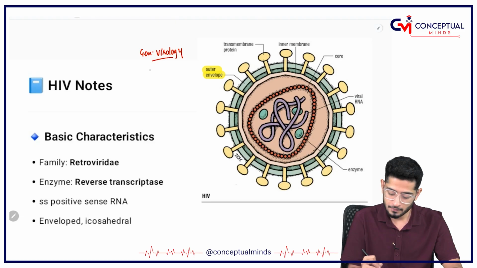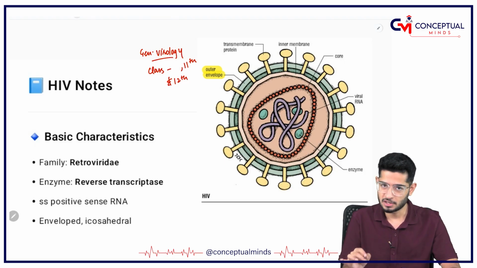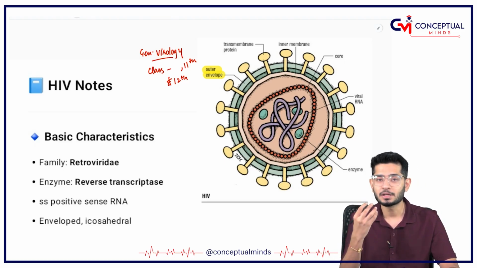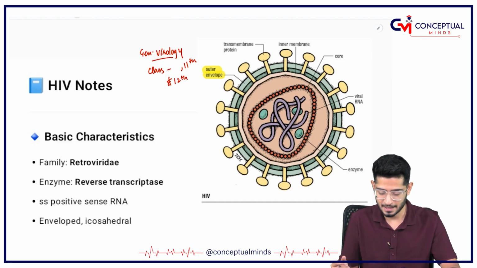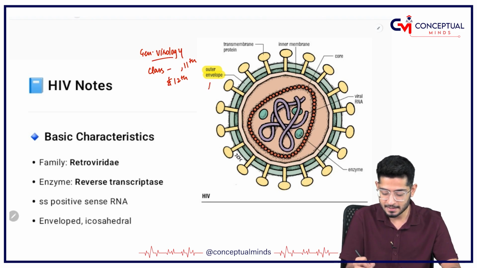I have covered it in class 10, 11 and even 12. You can skip class 10, but 11 and 12 are most important for general virology, because only then will you be able to understand the meaning of the terms I am going to use in this class.